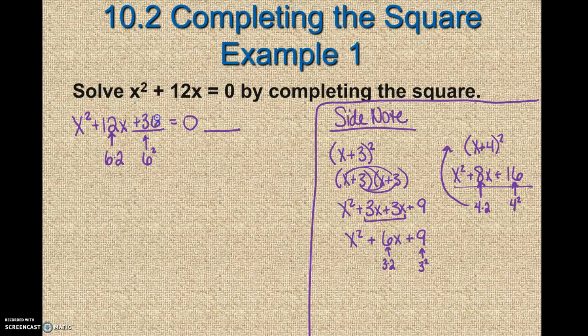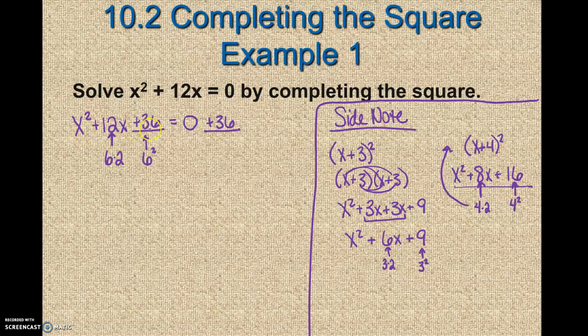36. But we can't just go and add 36 on one side of an equation because now the equation isn't balanced. To make it balanced, we must also add 36 on the right. Whatever you add to the left side, you must also add to the right side. Okay, now we're going to use this trick over here backwards.